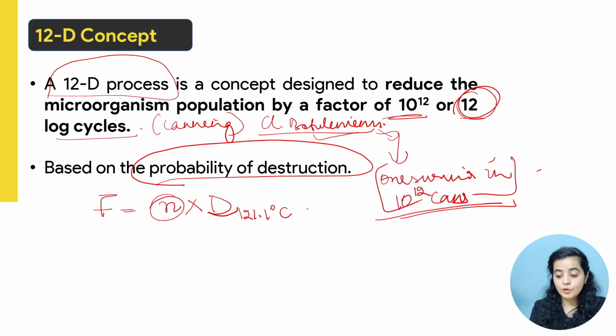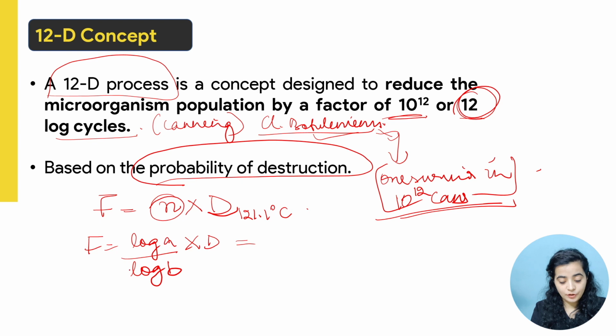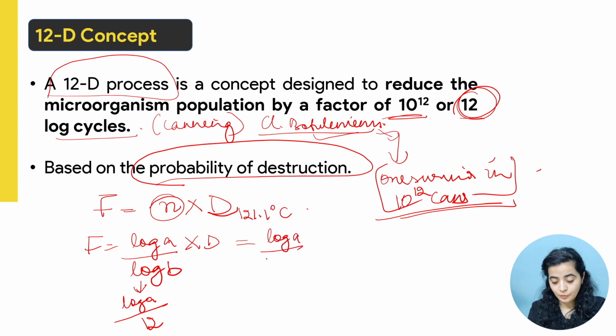So N here is the 12 log cycle reduction, or we can say that F is equal to log A upon log B into D, where log A is your initial population and B is your final reduced population. And putting the values here, log A upon log B. So log A is kept as it is, and log B would be log A divided by 12, because we want a 12 log reduction. So we get log A upon log A by 12 into D.